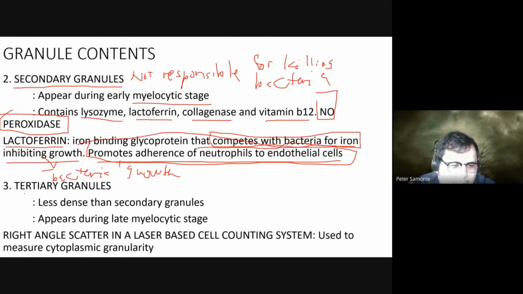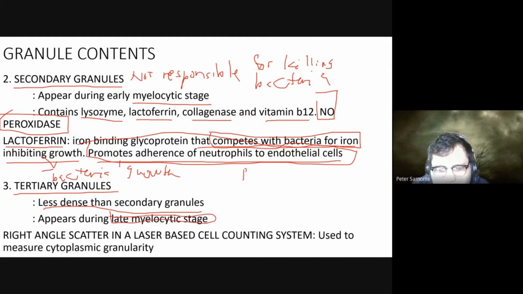Another type of granule would be your tertiary granules. So we have your primary for killing the bacteria. Your secondary would be seen in the myelocytic stage, not responsible for killing bacteria. Now, your tertiary granules are less dense than secondary granules. Appears during the late myelocytic.